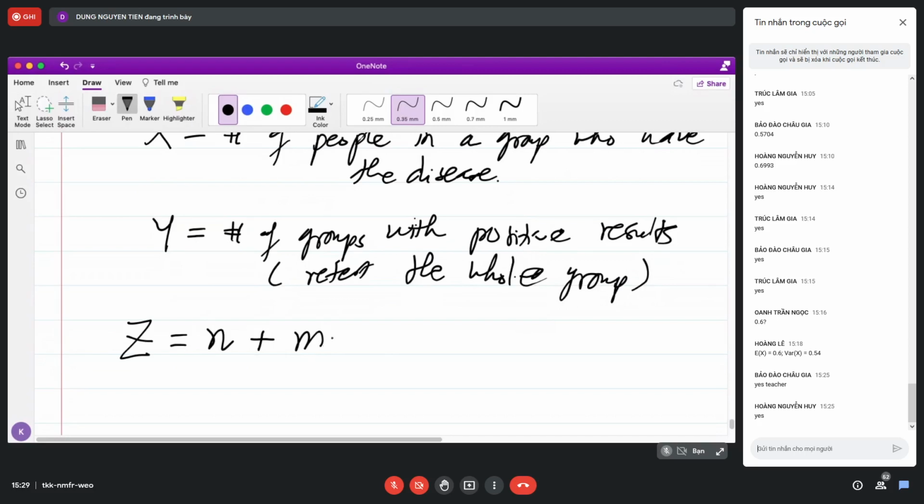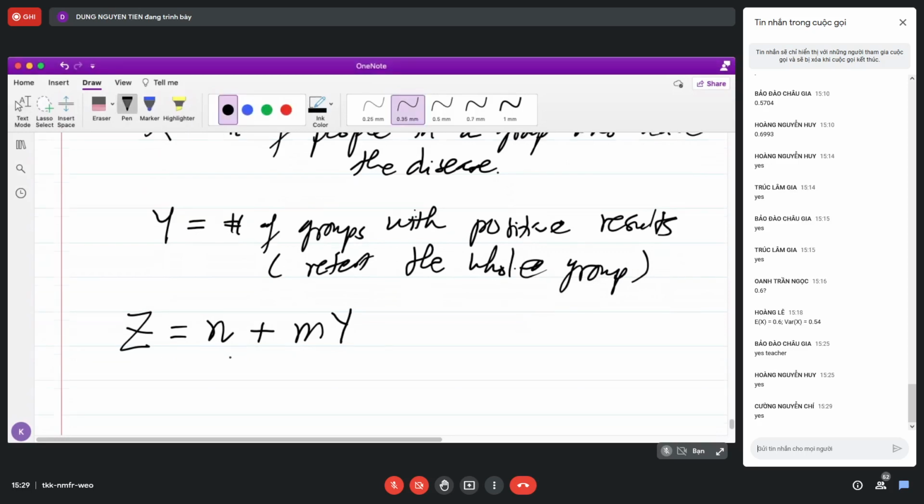Then you get m times y, where y is the number of groups with positive results and m is the number of people in each group. Is it okay?